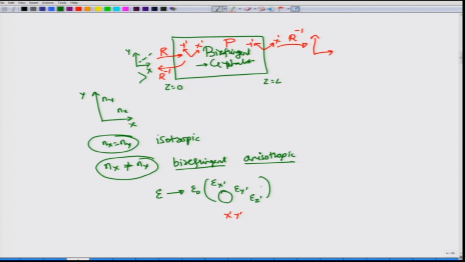So, this is 0, this is 0, which means that this is a diagonal matrix with x prime and y prime being different, and z prime really is not of our concern. So, we do not really worry about this one, but the other two terms are actually 0.